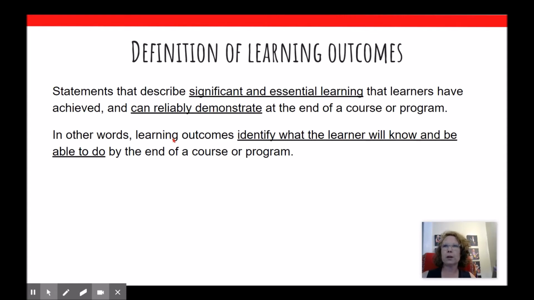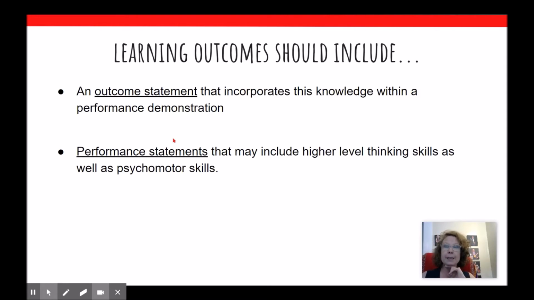So learning outcomes identify what the learner will know and be able to do by the end of your course or program, or by the end of your lesson, or by the end of your unit, depending on how you're writing them. It includes an outcome statement that tells the knowledge within a performance demonstration. So it actually explains what a student would have to demonstrate in order to prove that they're meeting that learning outcome.